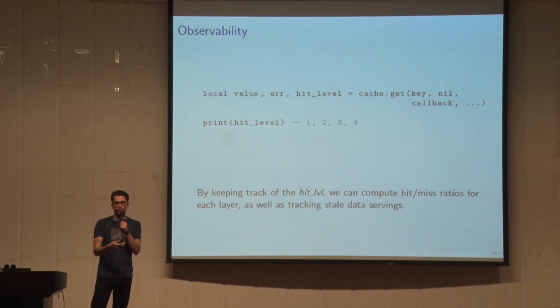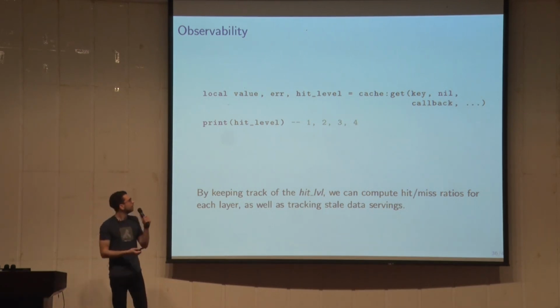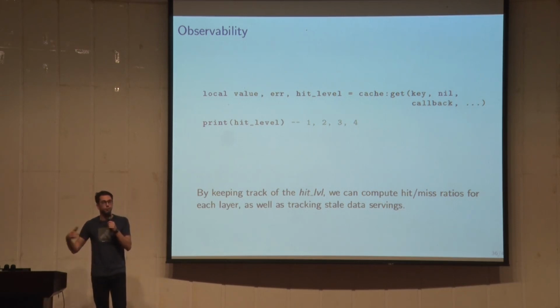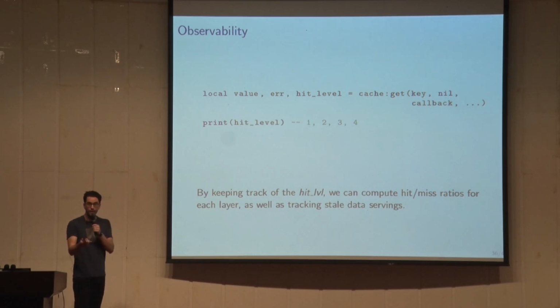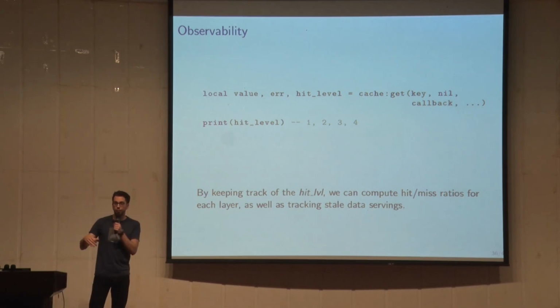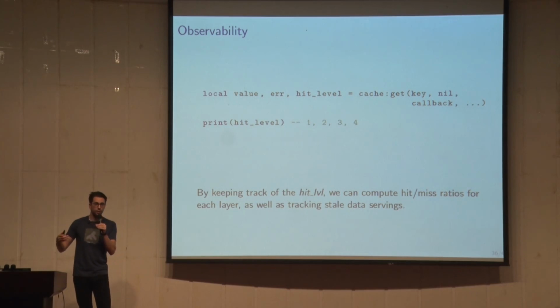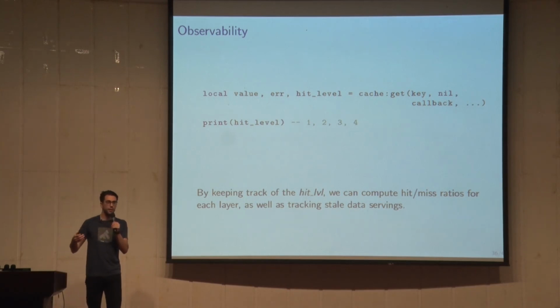So this value is stale, so I want to make a special decision whether I trust it or not. Or maybe I want to implement a fallback value when my value is stale. And if you keep track of the layer that you got a hit from, eventually you can start drawing conclusions. So maybe my L1 size is not big enough.